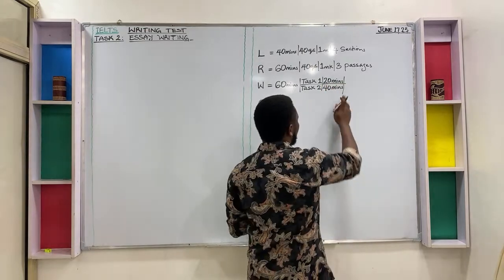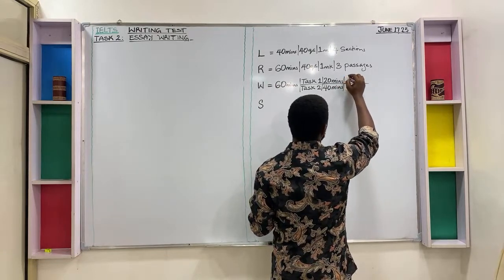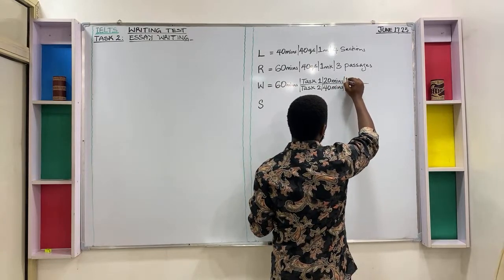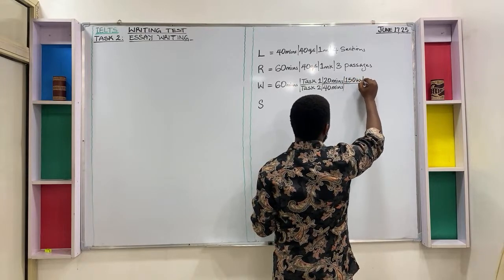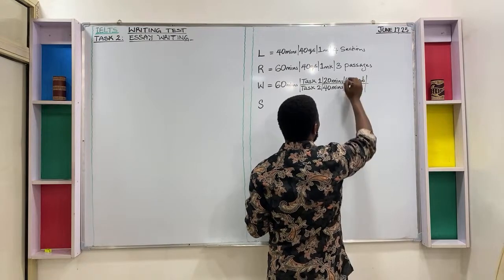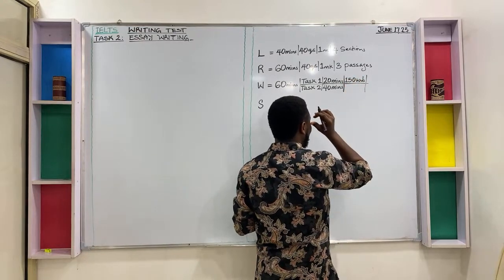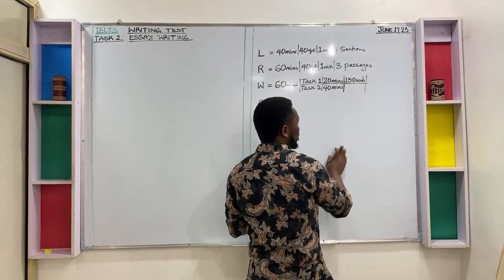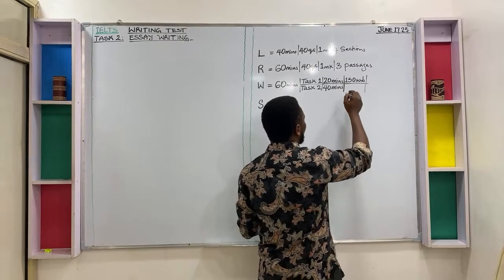For your task 1, you are required to write a minimum of 150 words. A minimum, meaning you can write more, but the minimum expected by standard is 150. You're not meant to write anything less than 150 words, or else you lose marks.